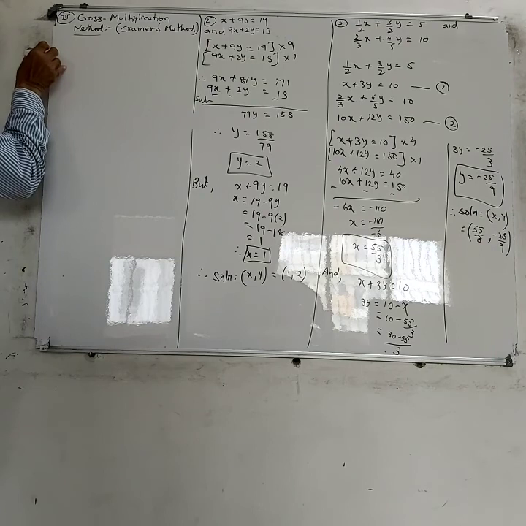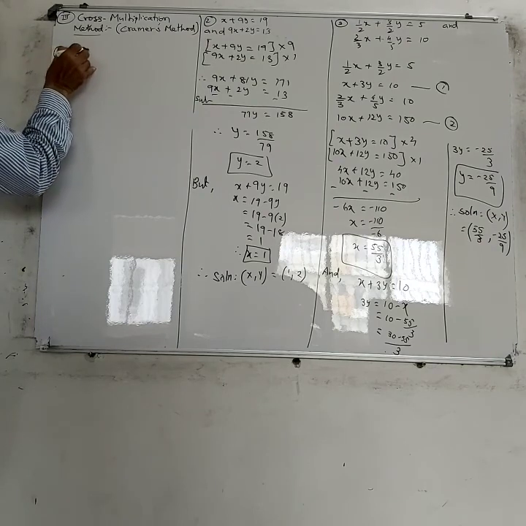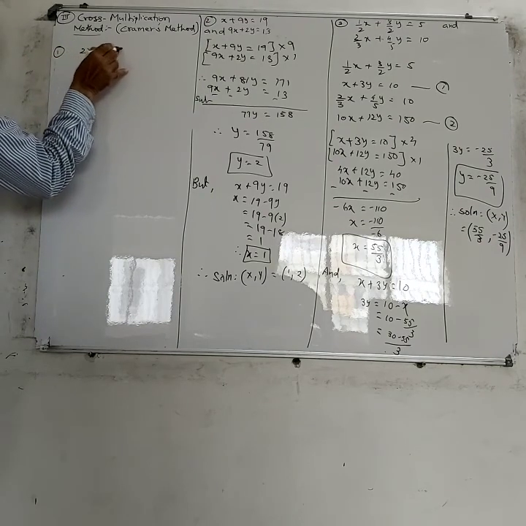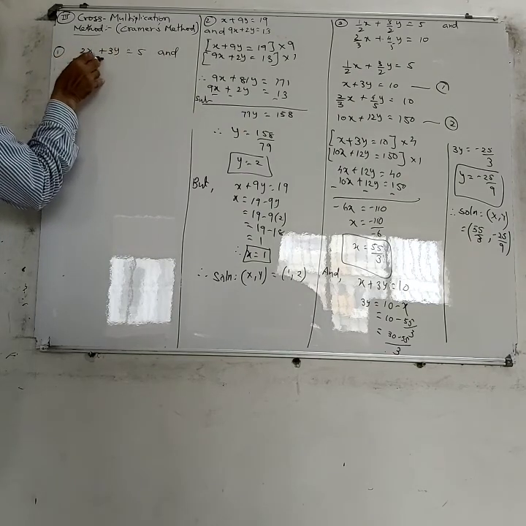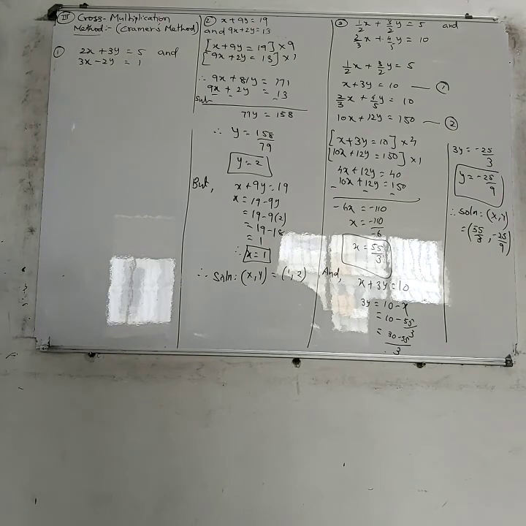Alright, now let's take an example: 2x plus 3y is equal to 5, and 3x minus 2y is equal to 1. For the cross multiplication method, you must start with the standard form.